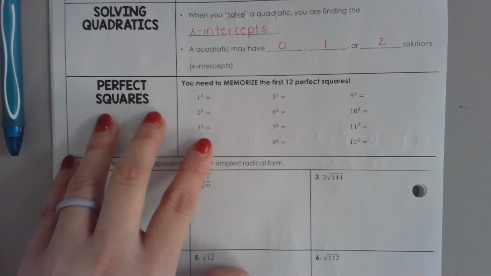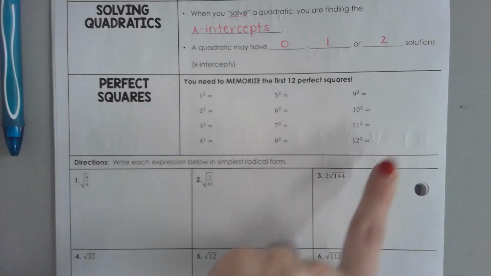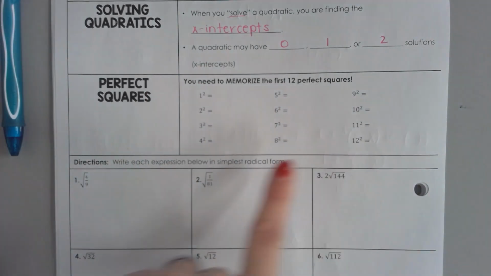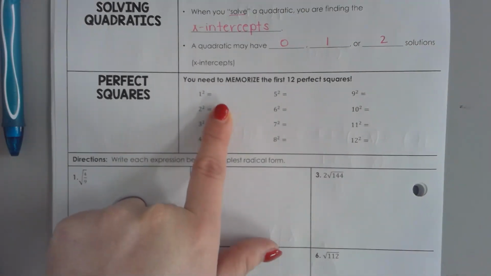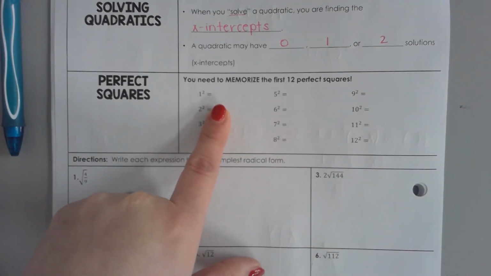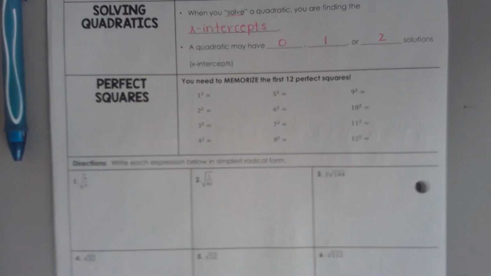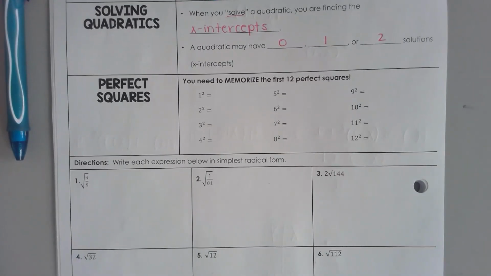So to start, I want you on your own to use your brain or your calculator to fill out these numbers. 1 squared means 1 times 1. 2 squared is 2 times 2. So go through that. Alright, so I'm going to go through these really quick.